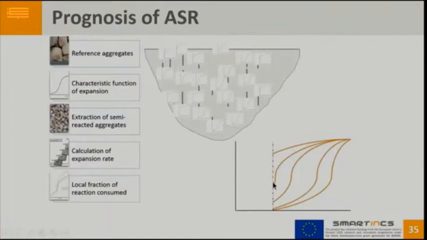We can know the reactive material consumed before, during the service life.